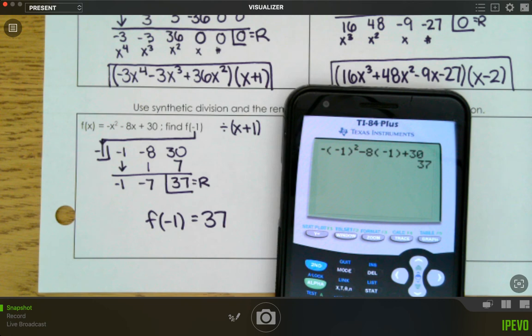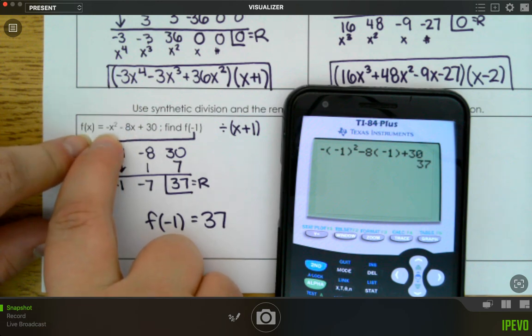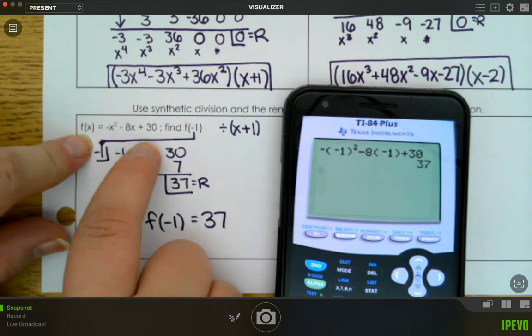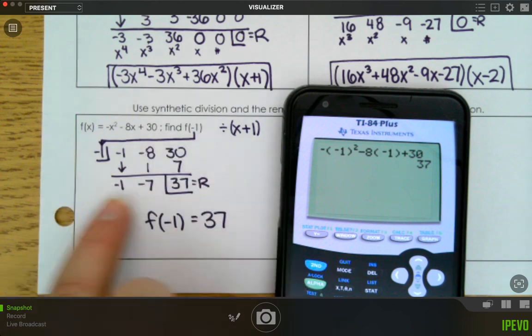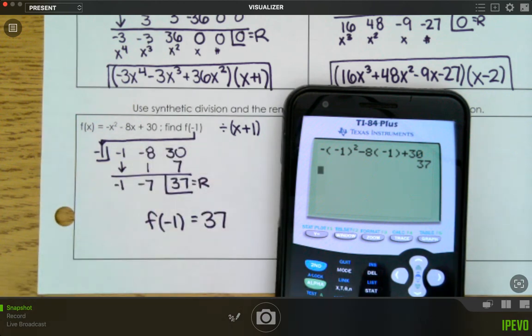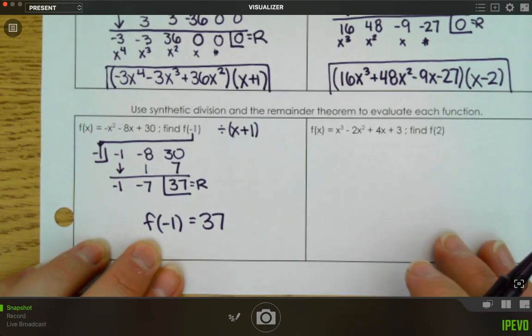Like, that was actually kind of difficult just to type into my calculator because you have to do -1 squared. That's 1 times -1. That's -1 minus 8 times -1 plus 30. Like, that's not entirely difficult, but there's a lot going on there. This was so easy. I just did a little bit of multiplication and bam, there's my answer. And that's one of the coolest things that synthetic division can do.